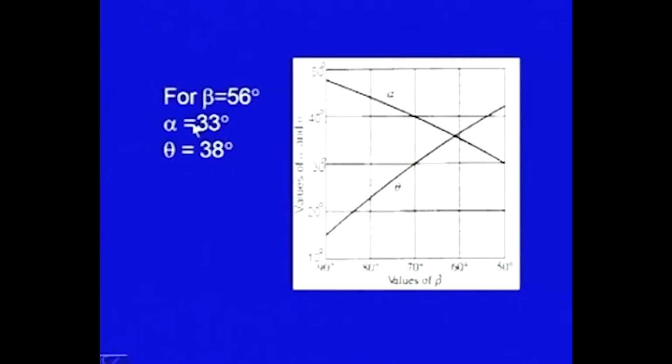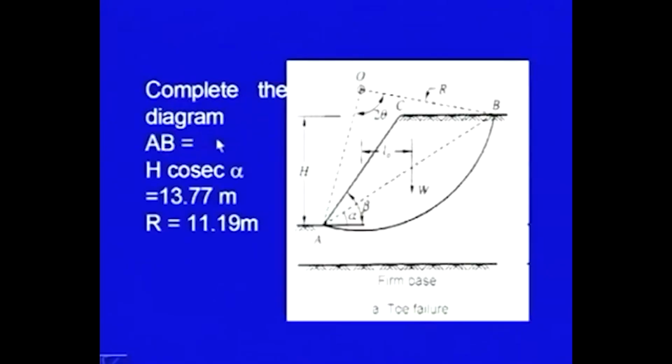So, now you know these two angles, and you can complete the diagram. You can solve this problem graphically, or you can solve it analytically. So, alpha is known to you, 2 theta is known to you. Once 2 theta is known, you can find out this angle, and then the rest of the things have to be done.